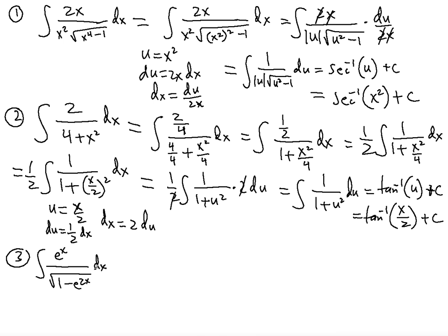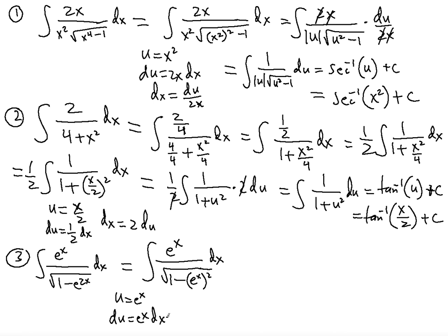So notice now that you can rewrite this as e to the x divided by the square root of 1 minus (e to the x) squared dx, because (e to the x) squared is precisely e to the 2x. Okay, so u is going to be e to the x, and du is going to be the same thing, e to the x dx. So dx is equal to du divided by e to the x.